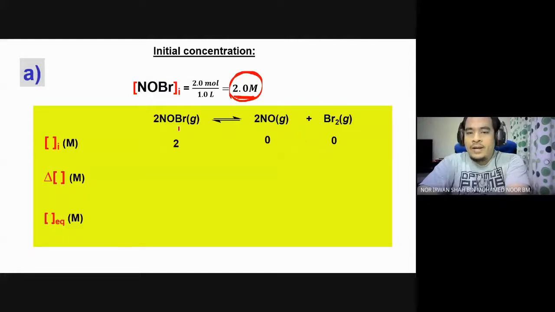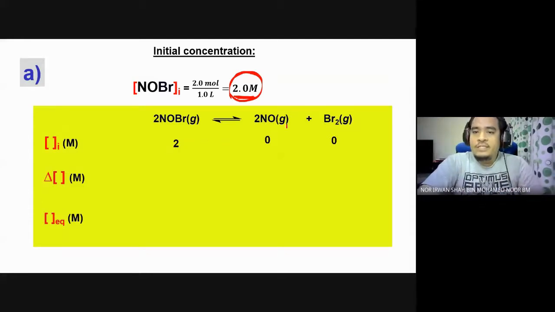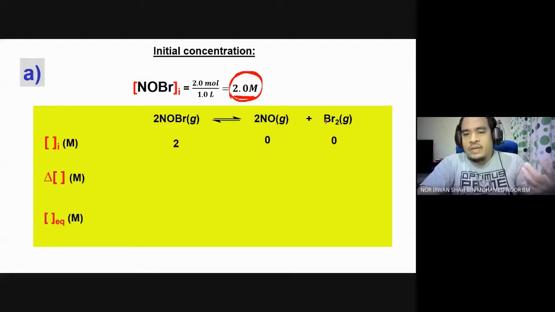Okay, and then once this NOBr, or nitrosyl bromide, starts to decompose, what happens to these two gases, nitrogen monoxide and bromine? These two gases start to form, or we can say that these two gases are produced in this reaction. And since nitrosyl bromide is a reactant here, its concentration will be decreasing.